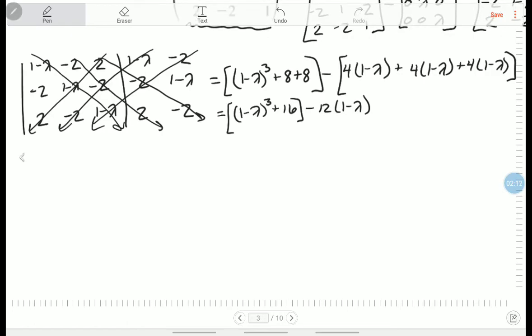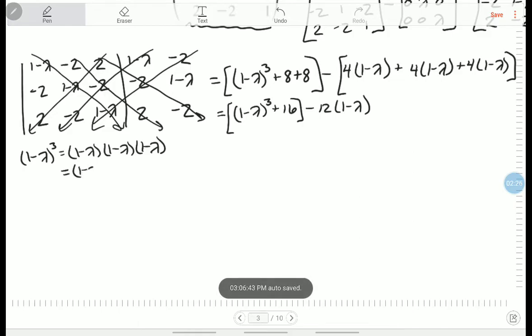So let's factor out that 1 minus lambda cubed. That's going to be 1 minus lambda times 1 minus lambda times 1 minus lambda, which is 1 minus lambda, times 1 minus 2 lambda plus lambda squared.